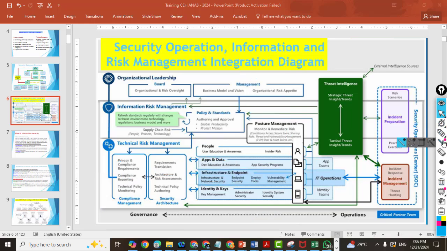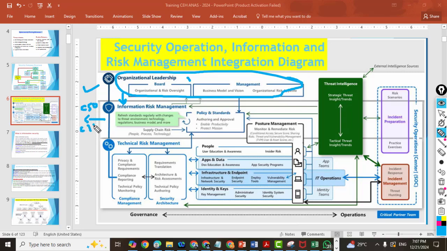As we mentioned, we have three layers, the first being the board of management. We already discussed this business continuity board of management, which receives the report about the security posture from the different entities. Last time we talked about the CSO and CISO, Chief Security Officer and Chief Information Security Officer.